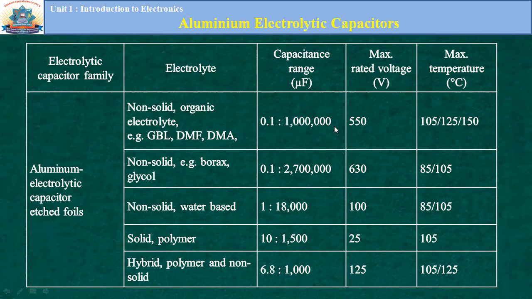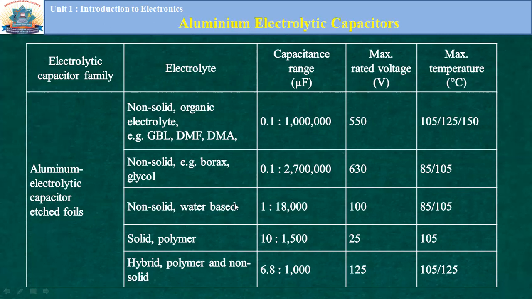The maximum voltage this type can operate at is 550 volt, and the maximum temperature it can withstand is up to 150 degrees Celsius. Then non-solid, where borax or glycol chemicals are used as electrolyte, offers a minimum of 0.1 microfarad and a maximum of 2700000 microfarad capacitance. The maximum voltage is 630 volt, and they can withstand 85 to 105 degrees Celsius.